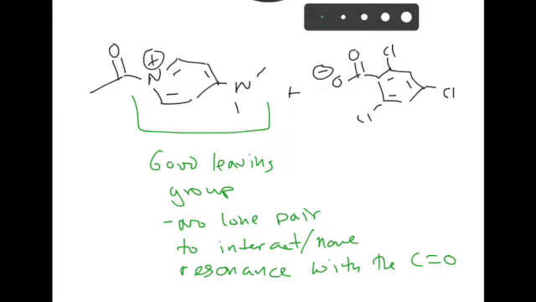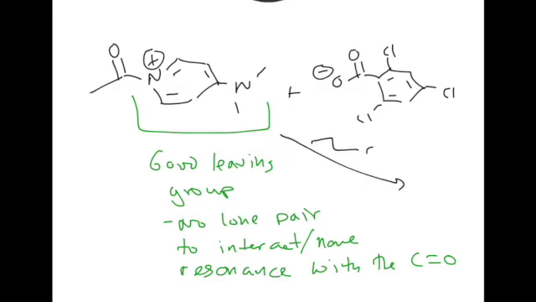So now, if you had thought ahead, you could have your alcohol add to your carbonyl carbon. Right, and then that'll give you, again, your friend tetrahedral intermediate.